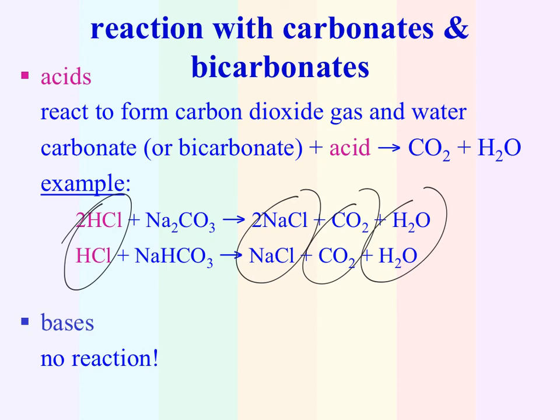Okay, so if you react a carbonate or bicarbonate with an acid, you're going to end up with this neutralization process. So if I take a base and I put it in the presence of a carbonate or a bicarbonate, that's going to give me no reaction.